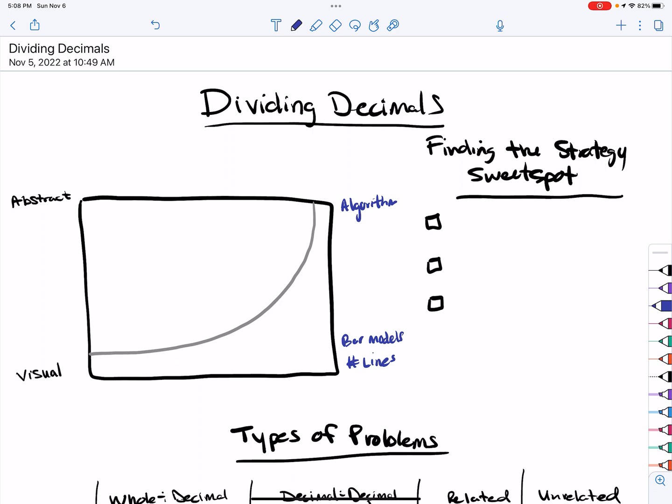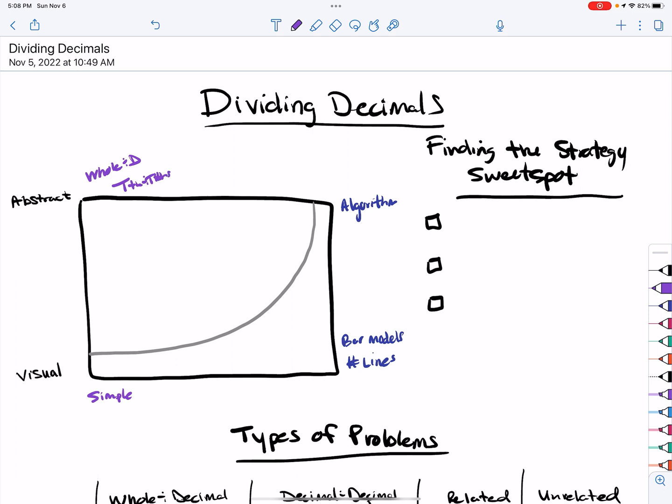So when we look at the problem types now, we know that on the left side over here, these are going to be our more simple strategies and problem types, where you're looking at things like whole numbers divided by decimals, or maybe even tenths divided by tenths.